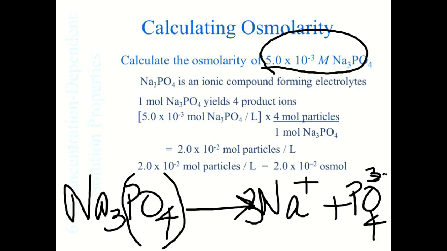That's the formula of sodium phosphate, Na3PO4, which is given to us. All I did was write it up here because I need to find out how many particles it's going to give. For a total of 4 particles. The PO4 cannot be broken down further into P and O.